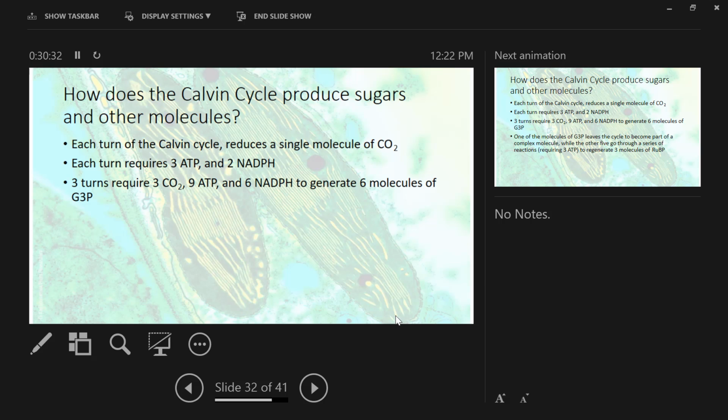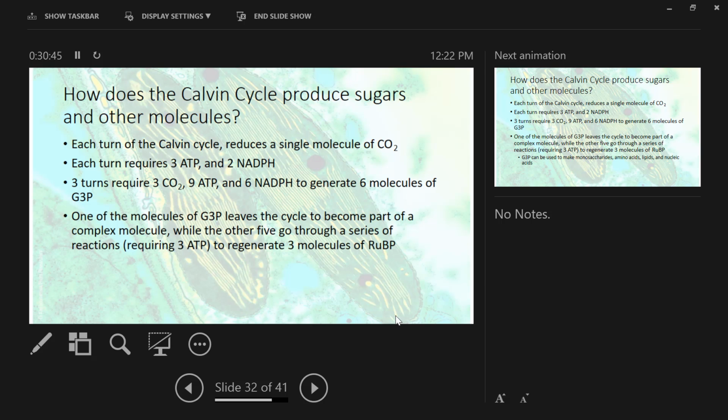So 3 turns reduce 3 molecules of carbon dioxide, requiring 9 ATP, 6 molecules of NADPH. Every 3 turns, again, 1 molecule of G3P leaves, the other 5 go into regenerating 3 molecules of RUBP.